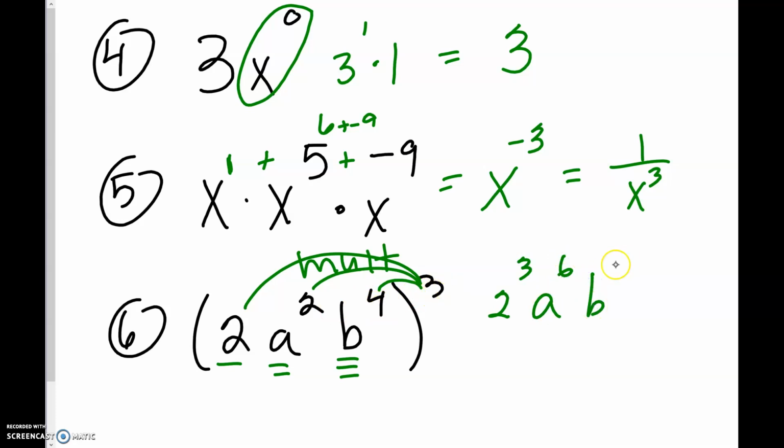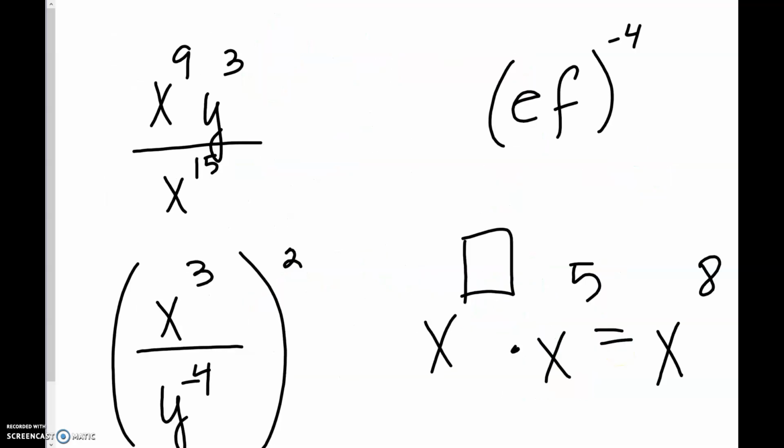B, 4 times 3 is 12. And now this one we can simplify. So 2 to the 3rd power is 8. A to the 6th. B to the 12th. All right, stop this, freeze this, give this a chance, give it a try, and then come back.